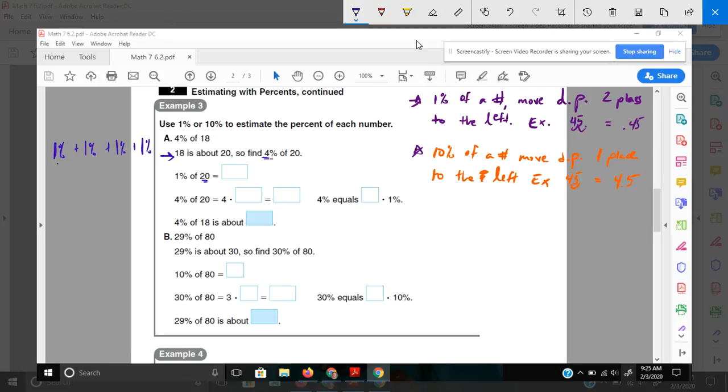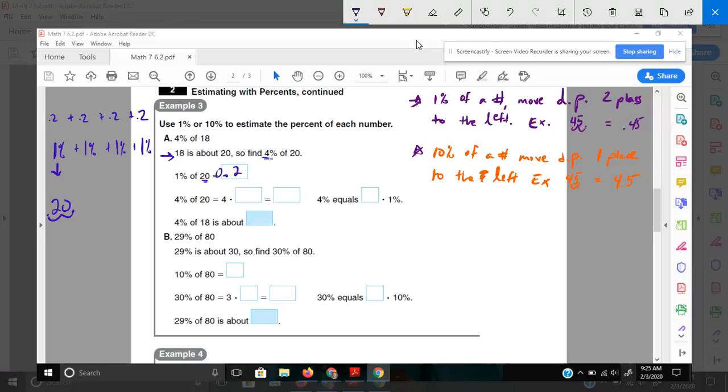What is 1% of 20? To find 1%, move my decimal 2 spots to the left. So if 20 is my number, it would be 0.2.